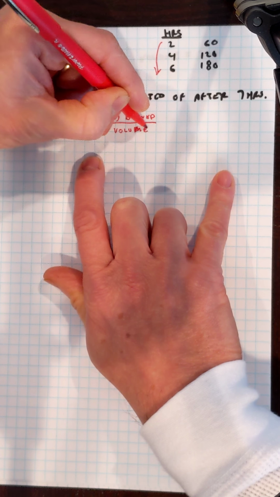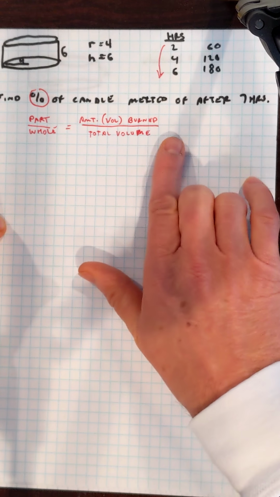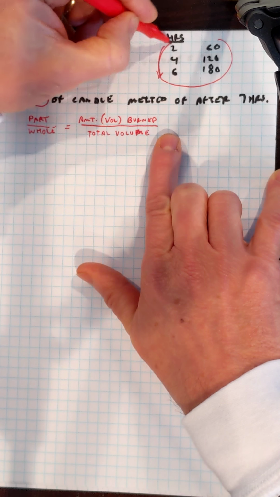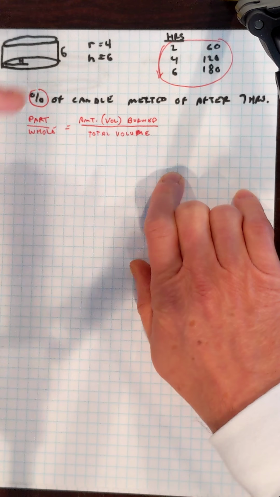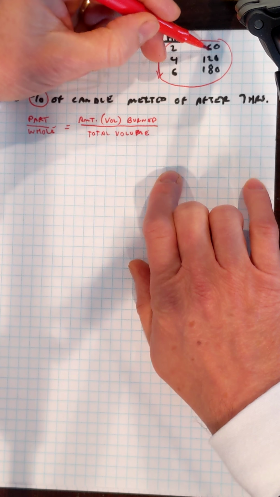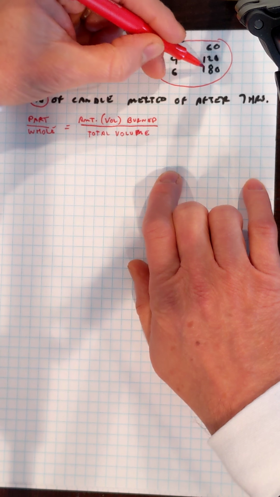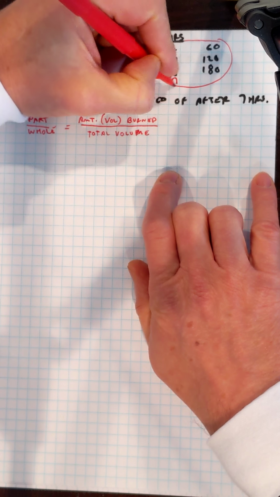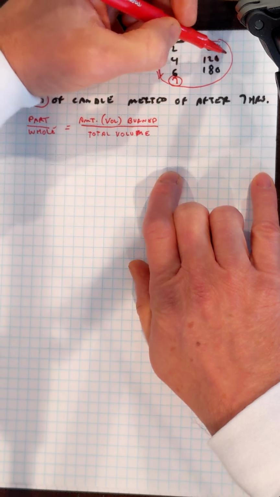Oops, volume. Okay, so first let's figure out the amount of volume burnt off. That's the information in the table provided here. And it says at 2 hours there's 60, at 4 is 120, at 6 it was 180. Now we need 7. They don't give us 7 on the table. So we're going to have to figure out the table value.